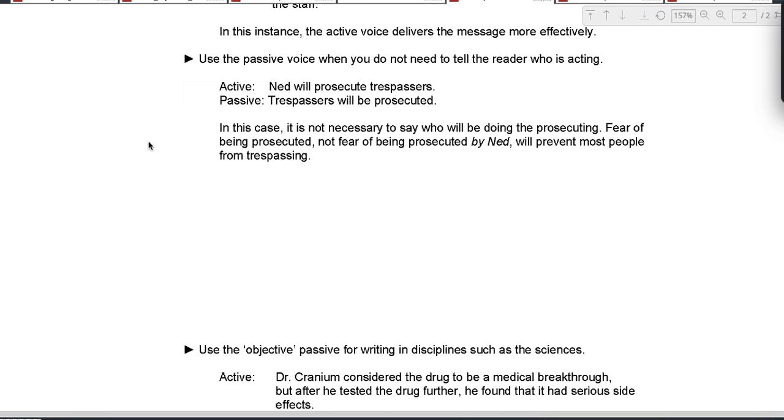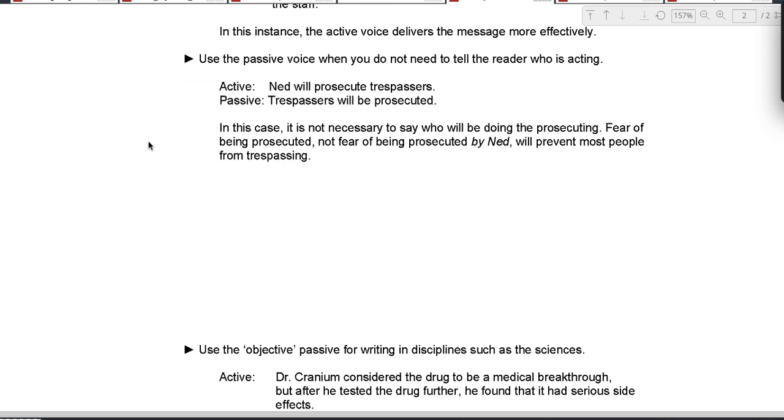Now in this sentence, when you do not want to disclose the actor's identity, you can use passive voice, because here the actor's identity is not important. So here Ned will prosecute trespassers. So trespassers will be prosecuted, and who will prosecute is not important.